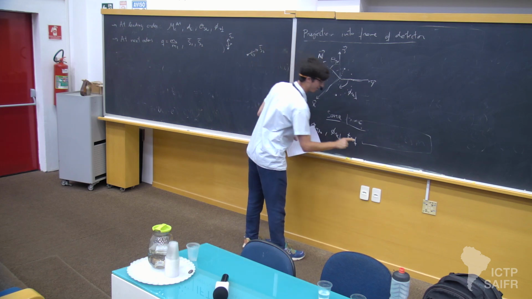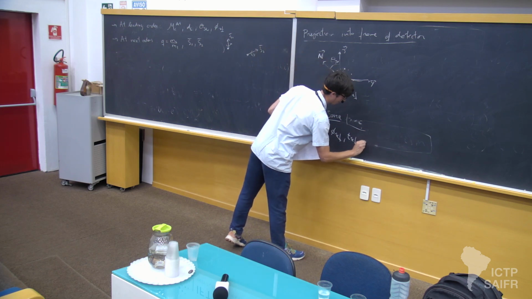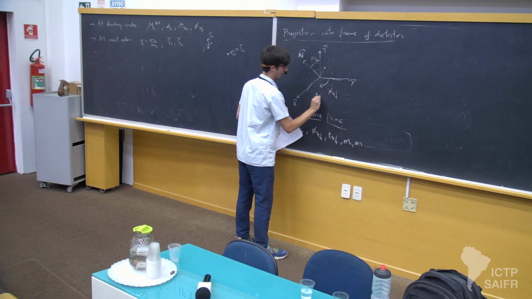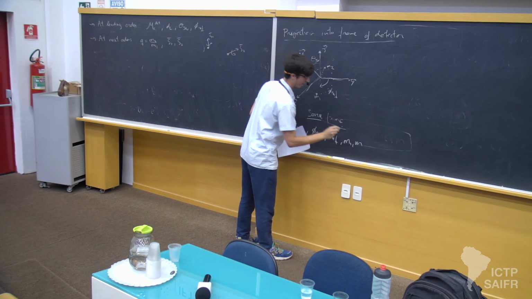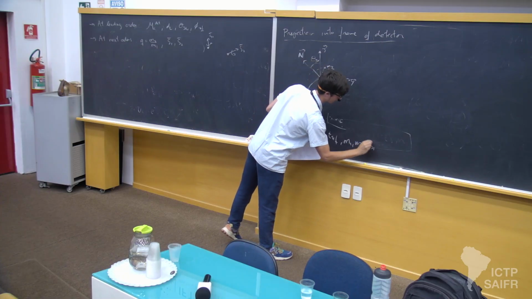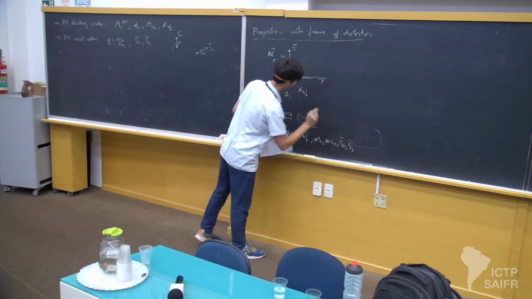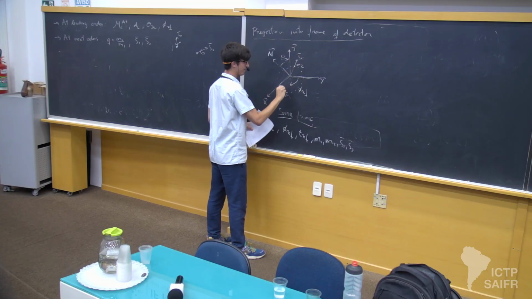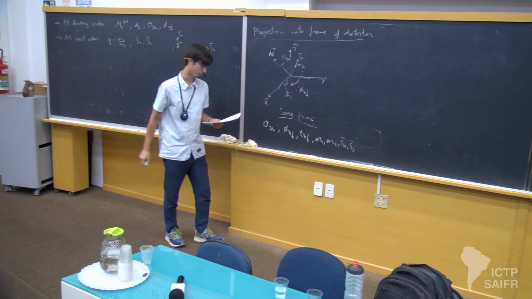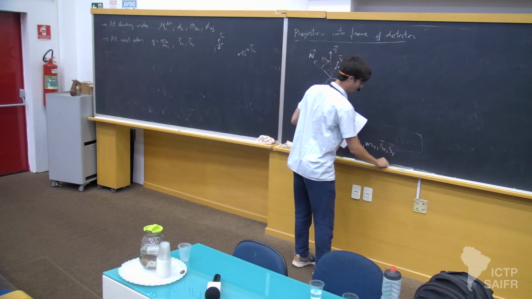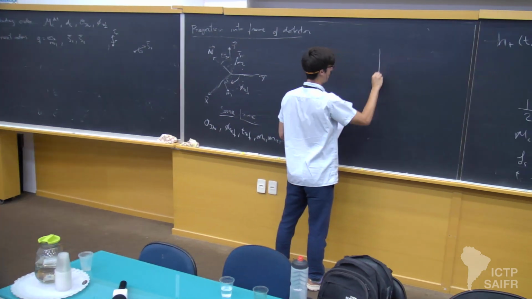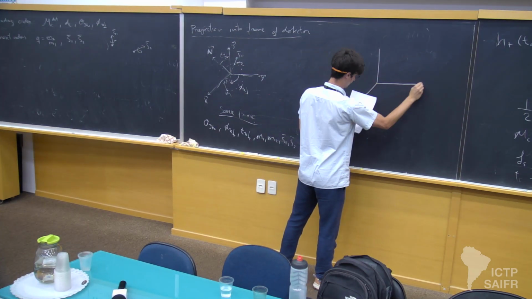And in this frame we also have the masses, M1 and M2, and the spins that I was saying. So these are the parameters that define the frame of the source. But now we want to go to the frame of the detector.